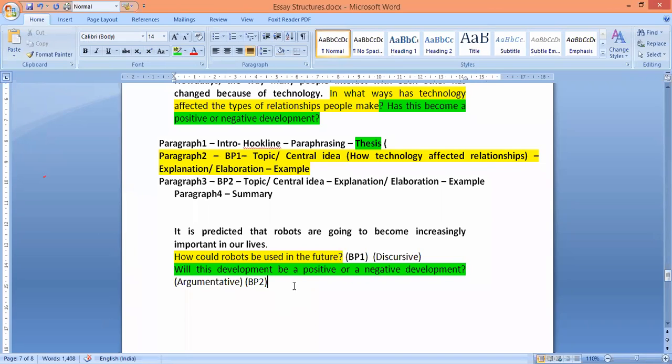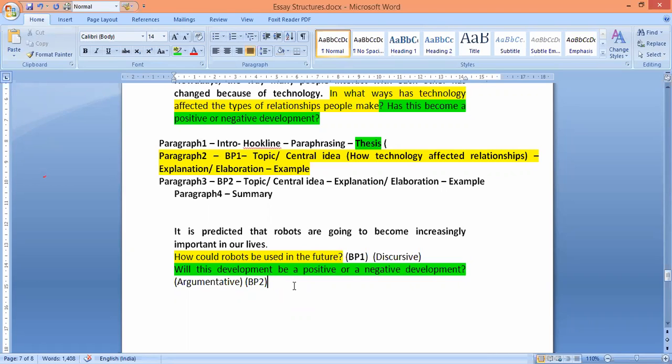Sir, in body paragraph 1, do we have to include the negative sides, and in BP2 can we do like that, or do we have to stick to one development only? Whatever side you take, if you say that robots can be used for positive purposes like medical and agriculture, then in BP2 say that it's a positive development because it will go with your BP1.